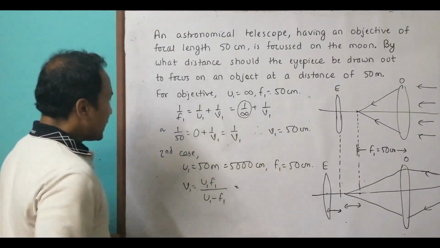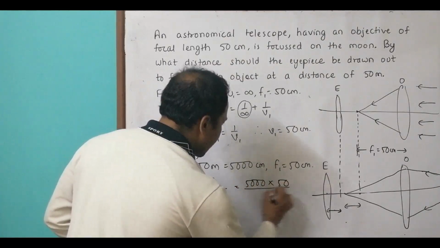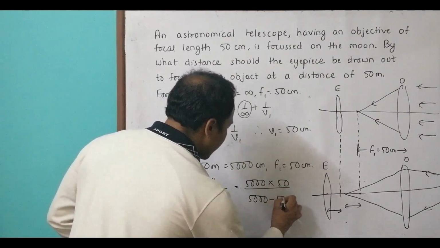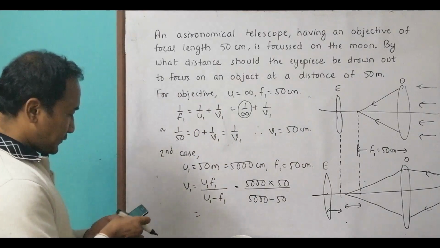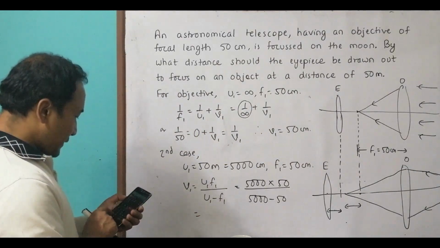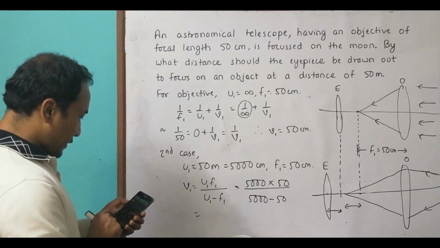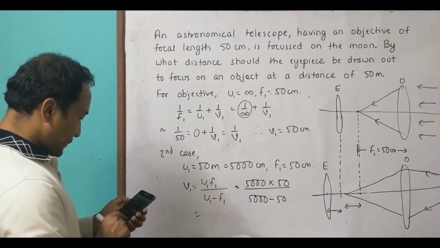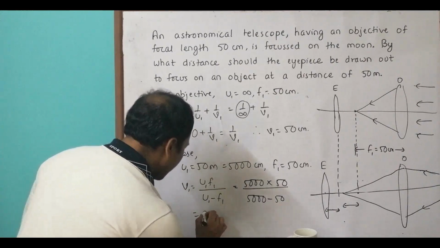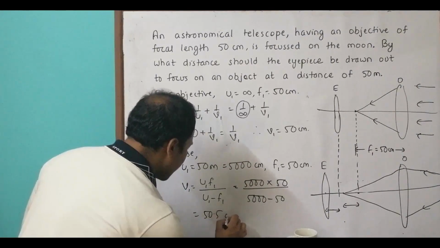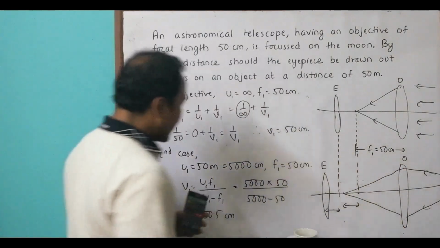It gives 5,000 into 50 divided by 5,000 minus 50, which is 50.5 centimeters. So initially the image was at 50, now it is at 50.5 centimeters.